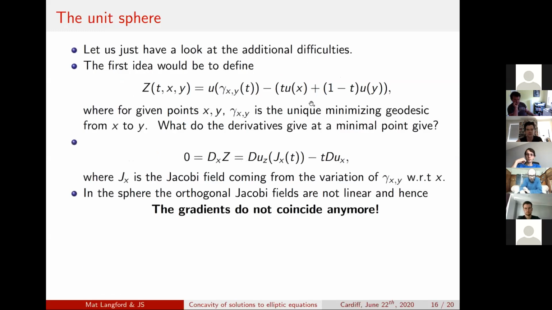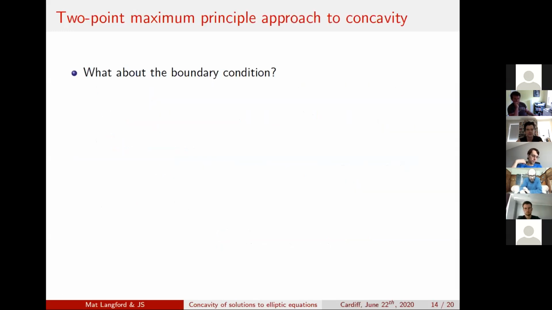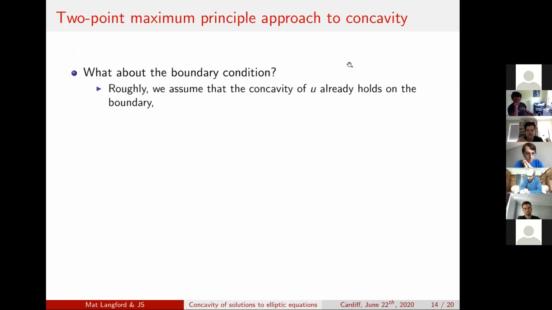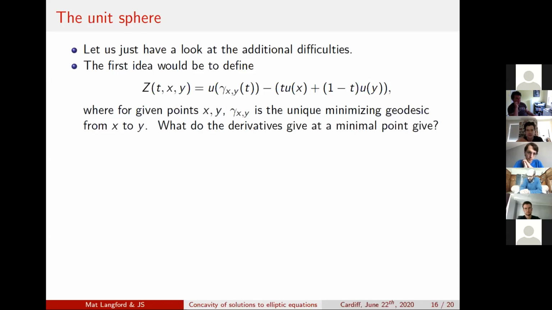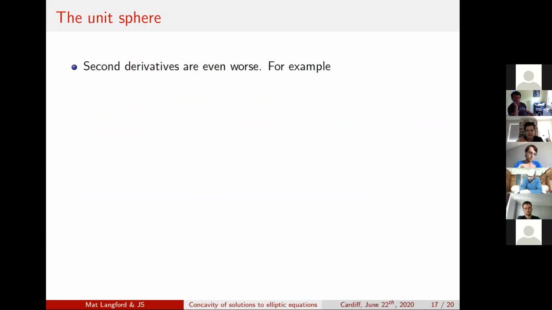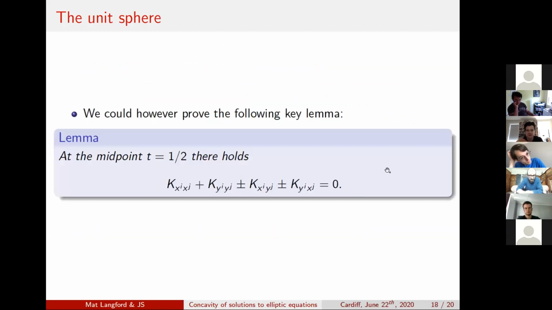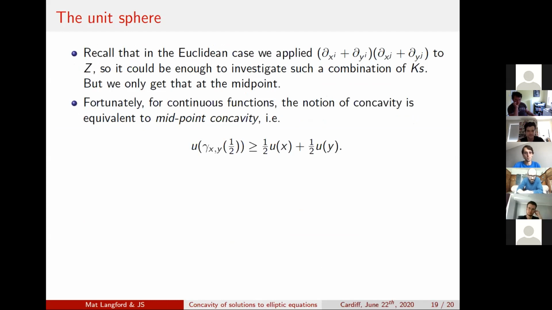In the end, what you wanted to do is, sorry, go back farther. We want this in the end at the minimum point, right? This is our goal, and in order to get that, you need to really get rid of this junk term. And the idea is here to just use the midpoint as a definition, and then use this crucial lemma here to show that everything vanishes. So this is how you deal with this term. And then everything goes through.